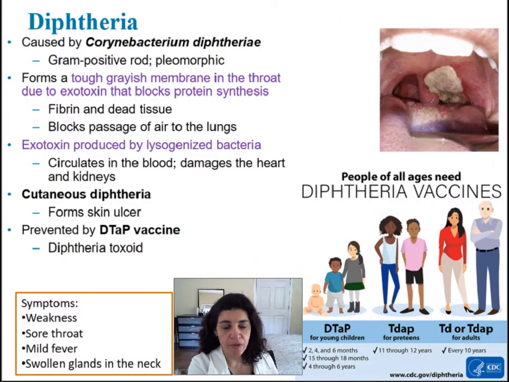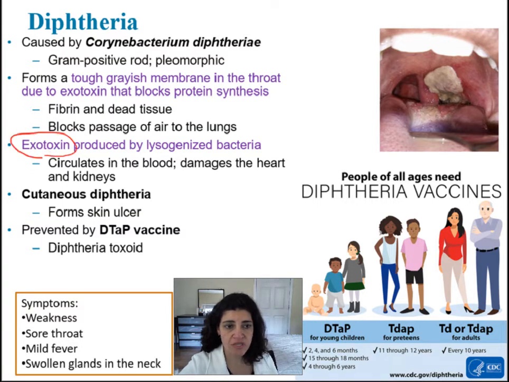So now let's talk about diphtheria. Diphtheria is caused by Corynebacterium diphtheriae, and it is kind of a sore throat, but in this case, it forms a grayish lesion in the pharynx, okay? This lesion is typical of the production of exotoxin.